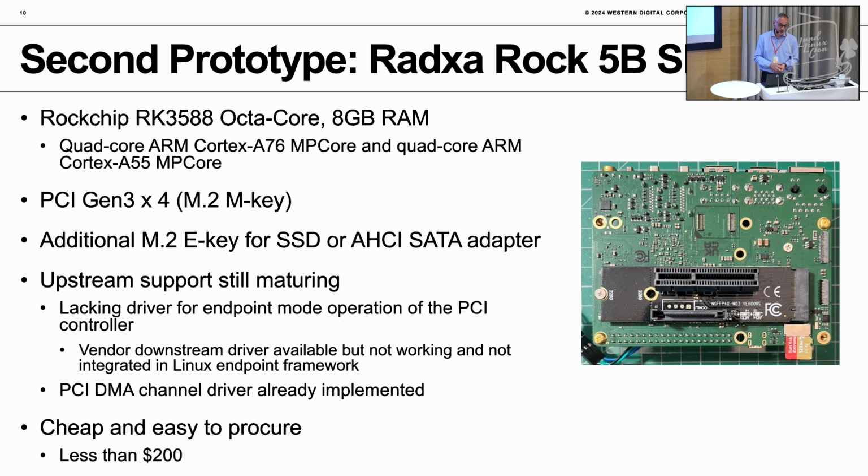But the counterpart was that the upstream support was absolutely not mature, so we had to work on improving it. Niklas did a lot on that. But luckily, we already had the PCI DMA channel driver for it, so we knew that it was going to be much faster. Still, also easy to procure and cheap, so great to work with.